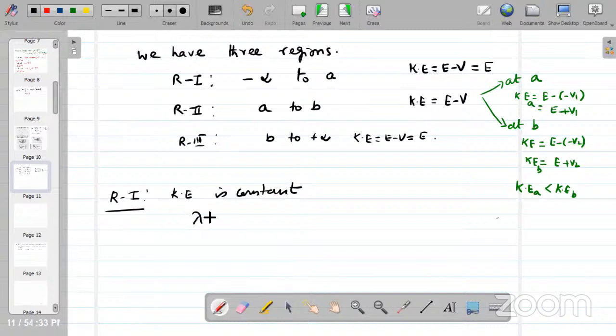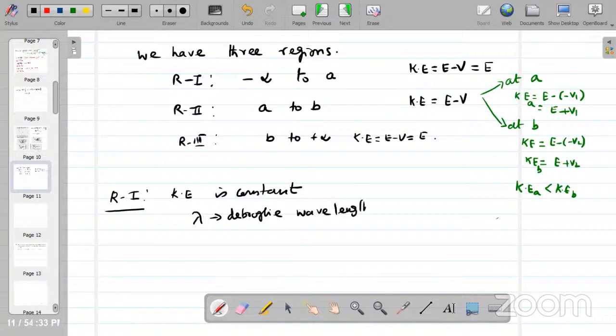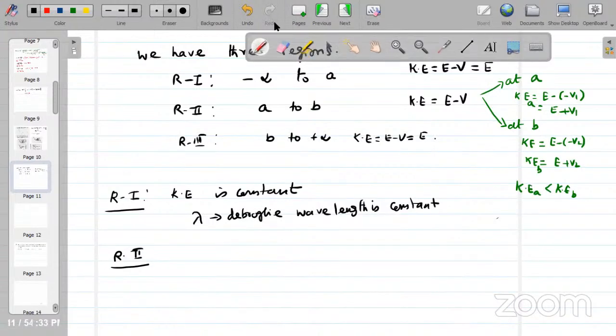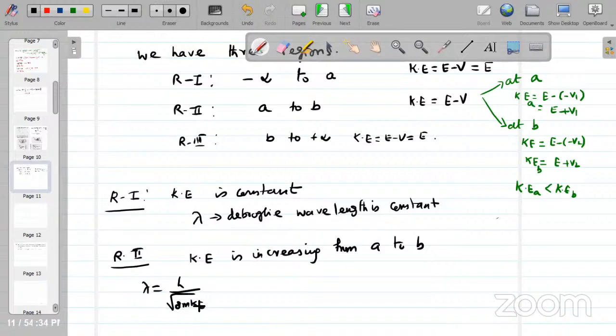In region 2, the kinetic energy is increasing from A to B. But already we know lambda is equal to h by root of 2m KE.